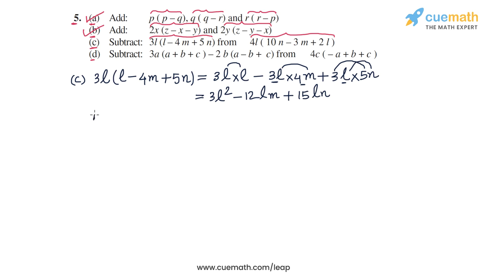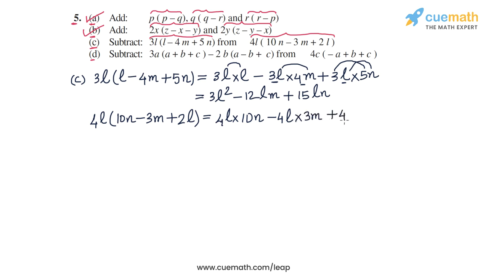Similarly, the second expression we can expand, 4l times (10n minus 3m plus 2l). So this will be 4l into 10n minus 4l into 3m plus 4l into 2l.